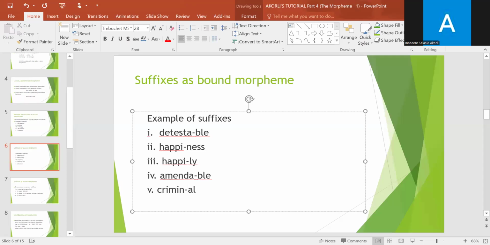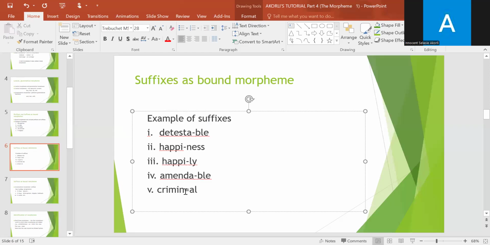Now, what this means is that all the morphemes which come after the dash, or the hyphen, do not make any complete meaning except that they are added to a root. They are added to a root. It is only then that they can make meaning.